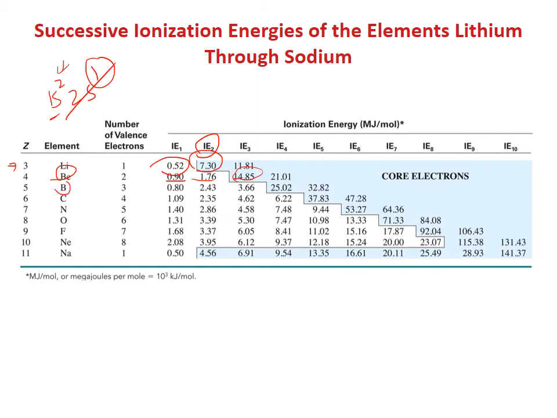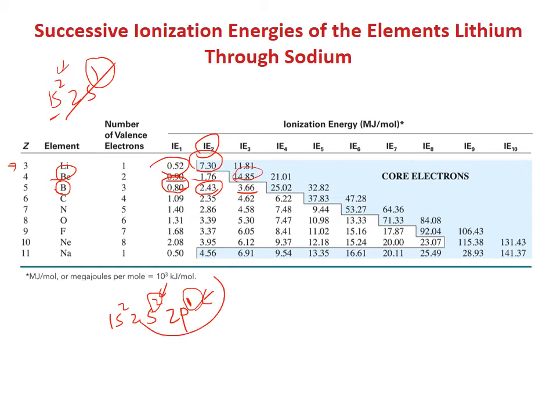Similarly, let's look at boron. The electron configuration is 1s2, 2s2, 2p1. To remove the first electron, the ionization energy is 0.8. That's the 2p orbital. The next one is in the s orbital, so it takes more energy, about 3 times 0.8, and then 3.66 for the second electron in the s orbital.